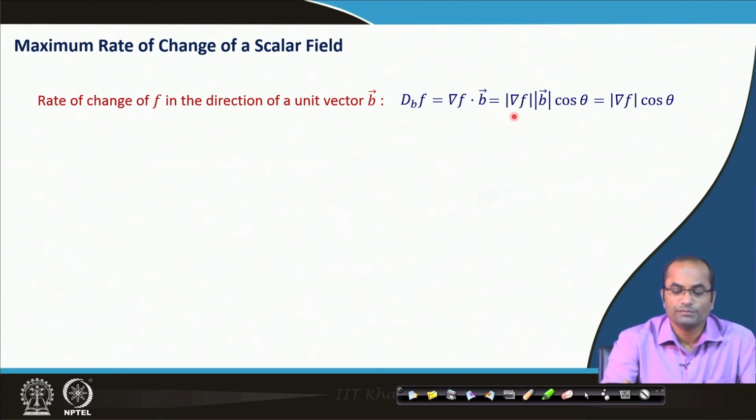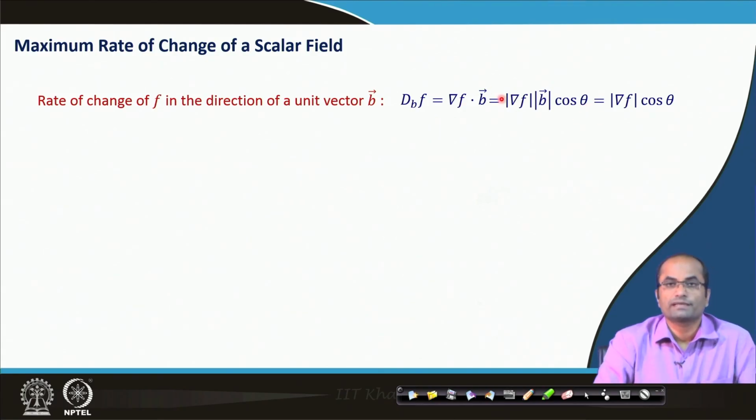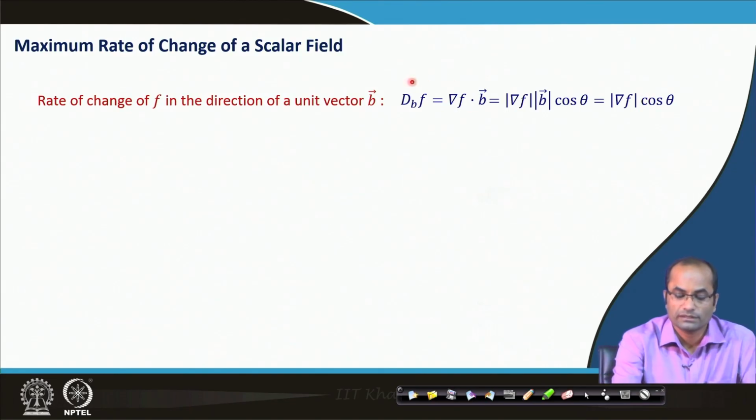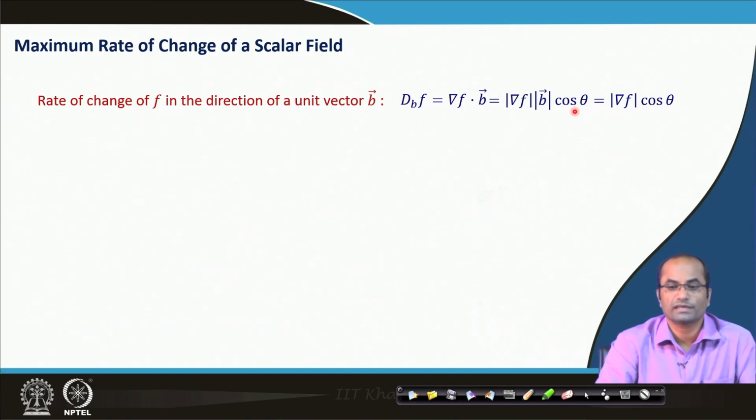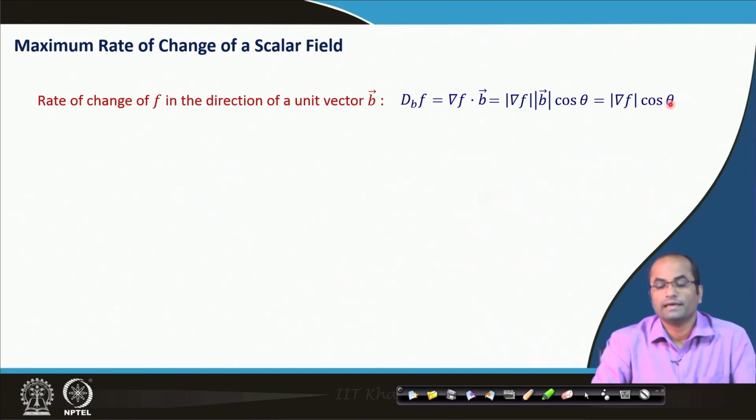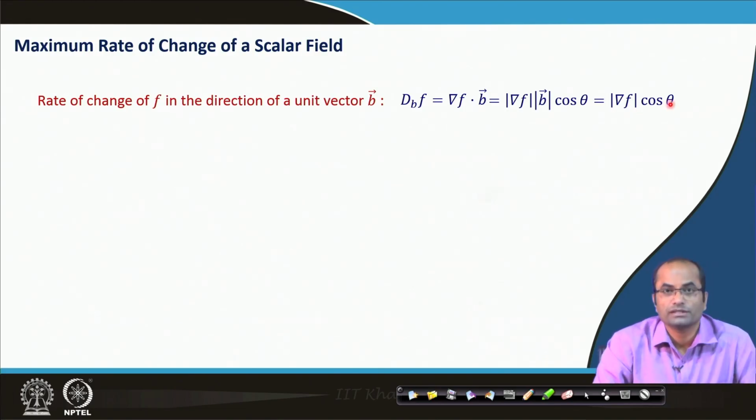The magnitude of b is 1 because we take a unit vector. So, the directional derivative, or the rate of change of f in the direction of b, is given by magnitude of del f multiplied by cos theta.